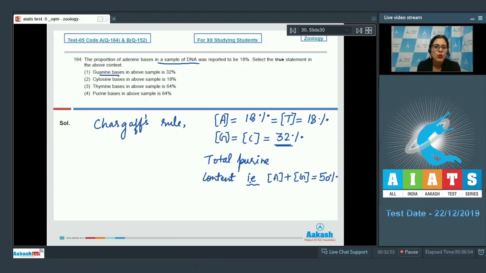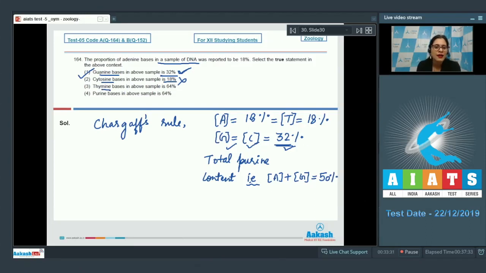The very first option, guanine bases in above sample is 32%, and as it is a correct statement, this is a correct answer to our question because guanine as well as cytosine in above sample is 32%. The next option is cytosine bases in above sample is 18%, and this is incorrect because cytosine also constitutes 32% of this DNA sample.